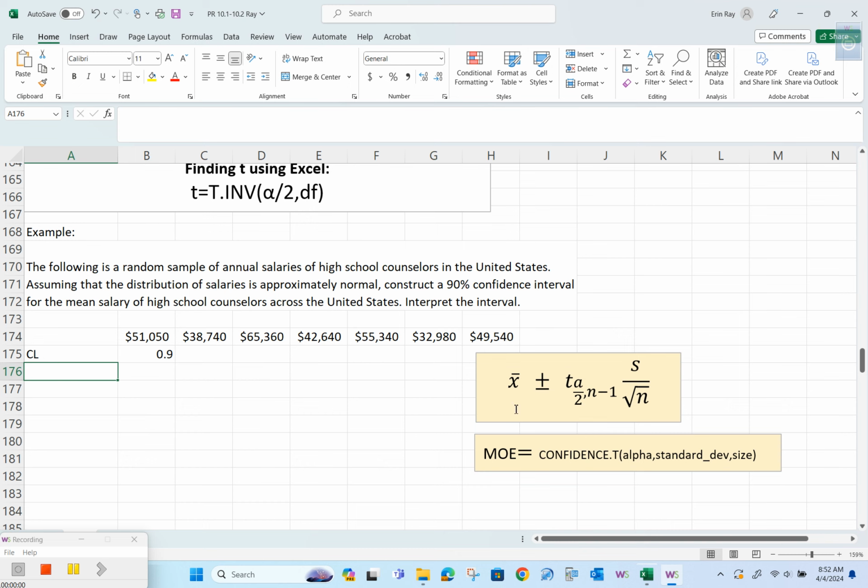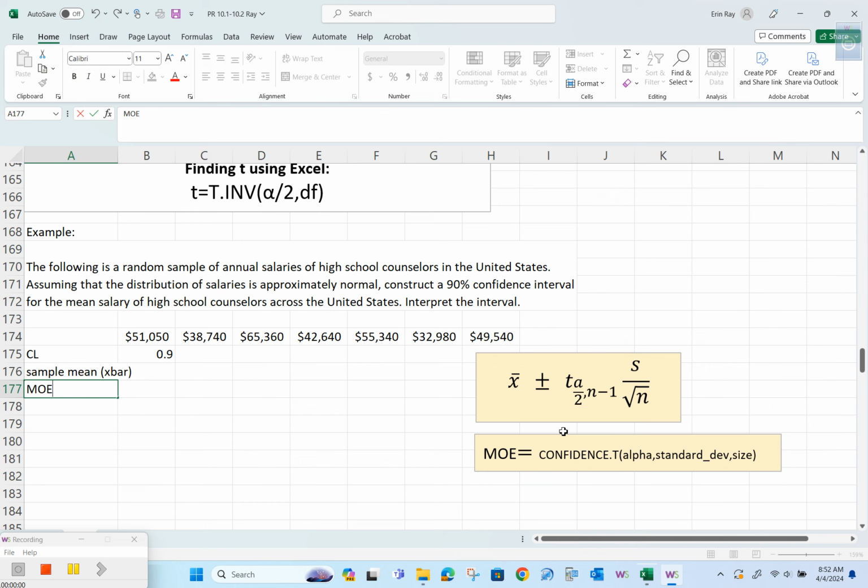In order to construct an interval, we need two things. The thing that goes in the middle, the sample statistic we're working with, today it's mean. Okay, so we need our sample mean, and you can just call it X bar. We're practicing with the symbols from the note card. And then we also need the margin of error.